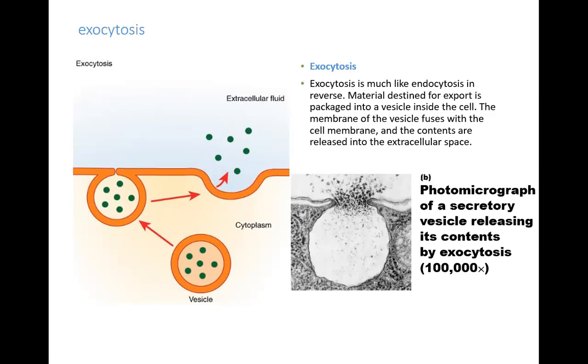That's what we do with proteins and hormones and things like that. We release it into the fluid, where eventually it ends up in the plasma and gets distributed to wherever it's supposed to go. And this is really what it looks like. This is about 100,000 magnifications of a vesicle releasing something for us. And again, this requires energy.